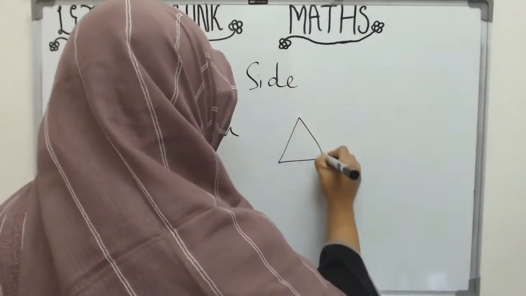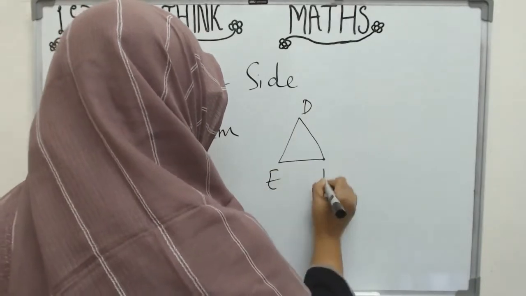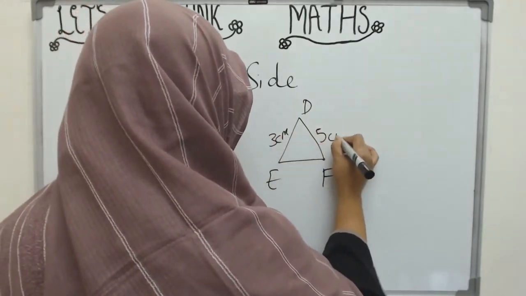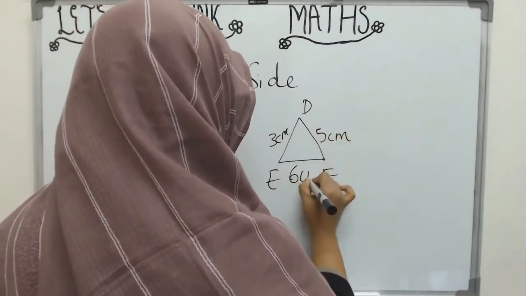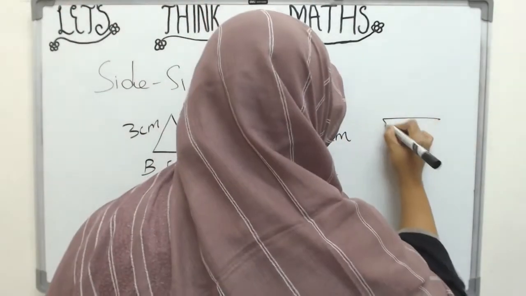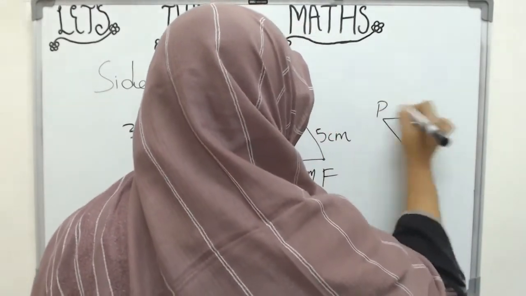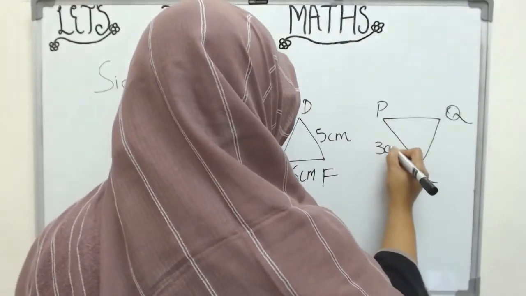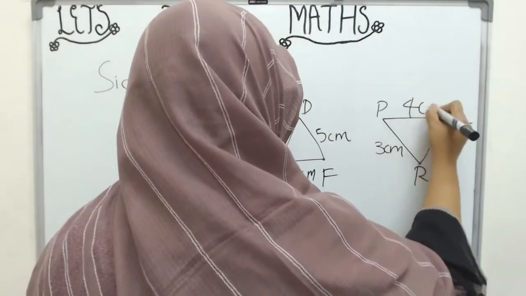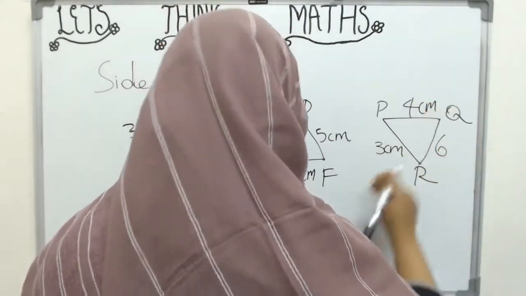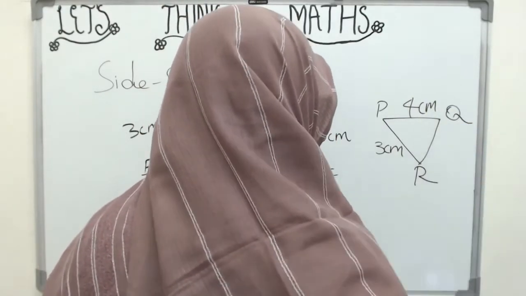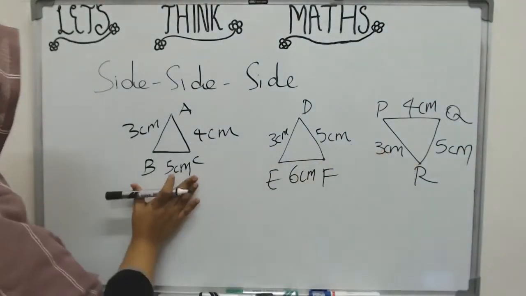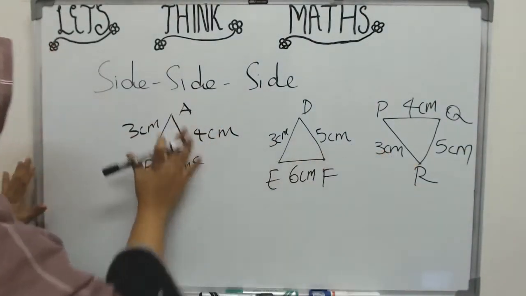Another one, triangle DEF. Now out of these two, which triangle will be congruent to this?